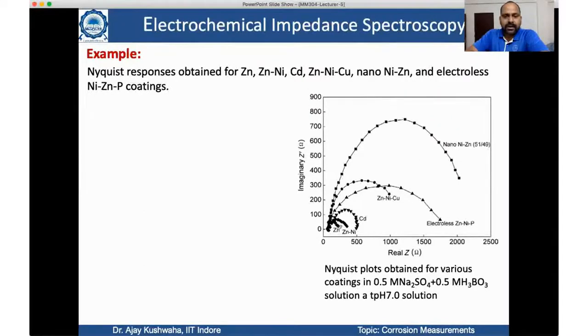So see the plot. In case of zinc, there is a very small circle, not even a half circle. Then zinc-nickel, then cadmium, then zinc-nickel-copper, then electroless coating, then nano coating. These all have different heights, so even the value of real is different.